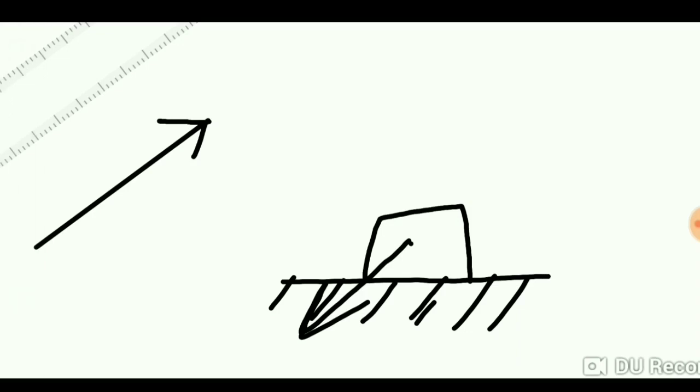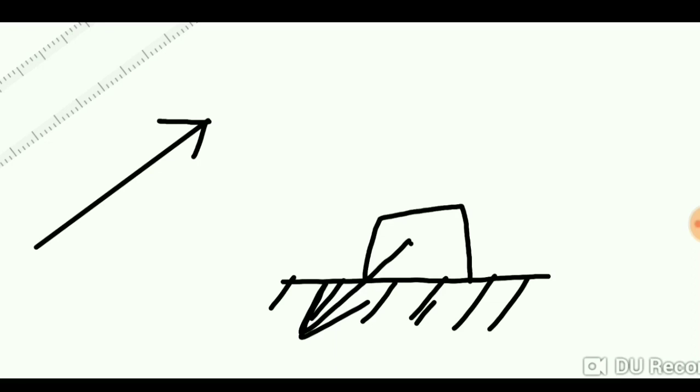As you all know, some part of the force will be pushing the box towards the wall, and some part of it will be pushing the box along the wall. Now we want to know what is the force which will push the box along the wall.